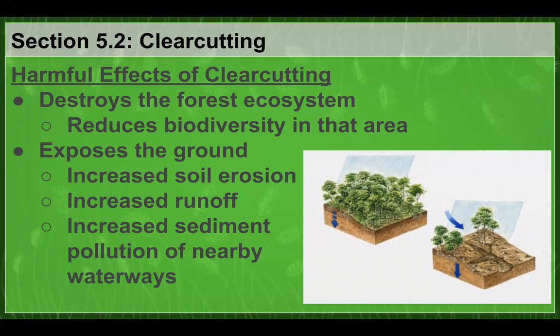So that is going to greatly reduce the biodiversity in that area. It doesn't mean that the biodiversity completely goes away, because there will be species that actually thrive in the space in which those trees were removed, essentially those pioneer species. But overall, that is going to really reduce the biodiversity.